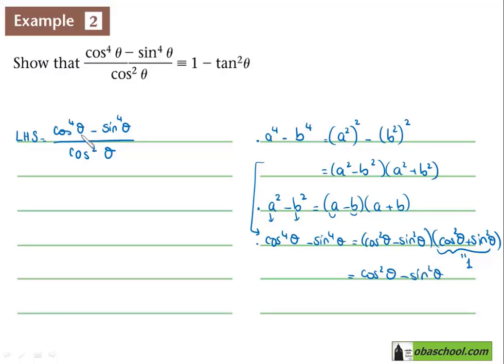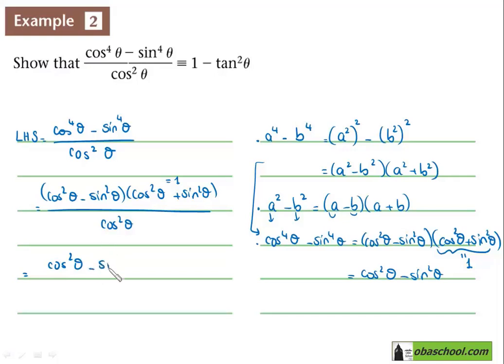Okay, now let's write the relation in the fraction. All of this is divided by cosine squared theta. As we said, this is equal to 1. Cosine squared theta minus sine squared theta over cosine squared theta. Now we finished with the difference of two squares and the factorization.